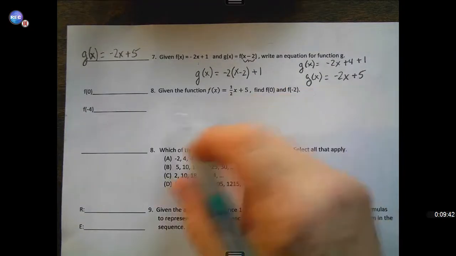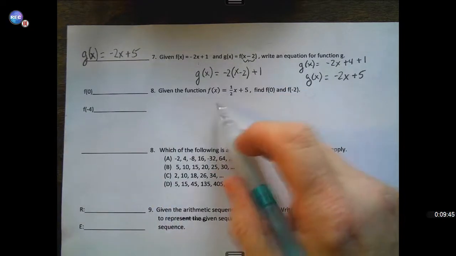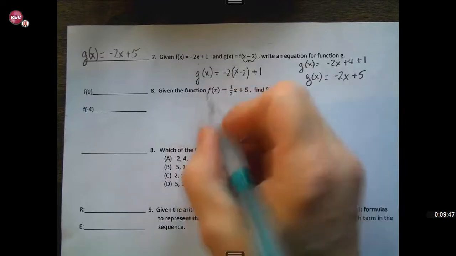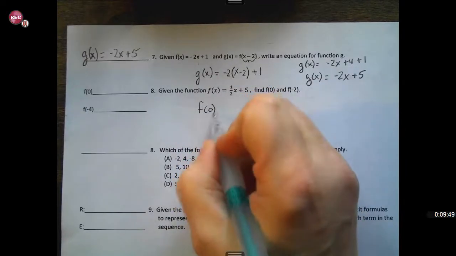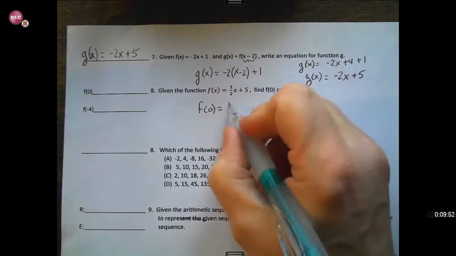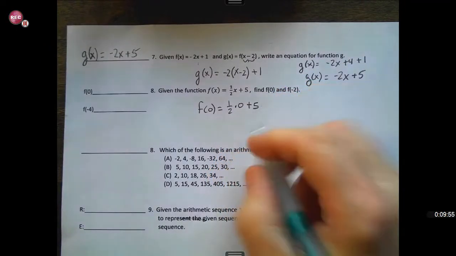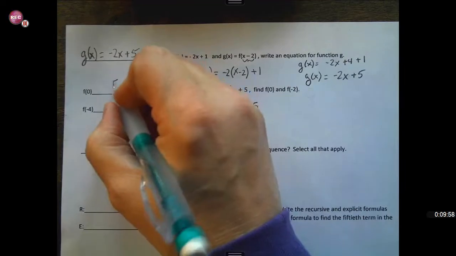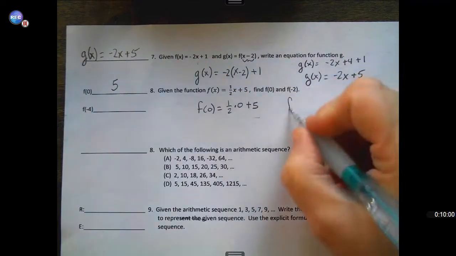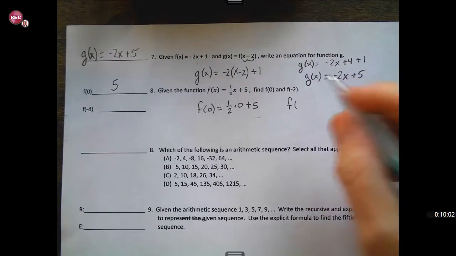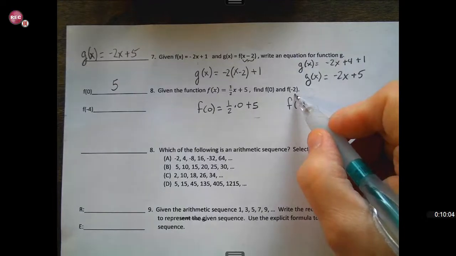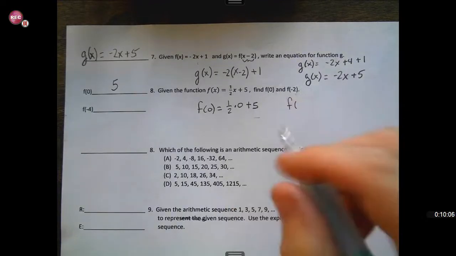And then for number 8, we have f of x, and we're supposed to find f of 0. So f of 0, that notation means plug in 0 for x and simplify, and I get 5. And then plug in, well, up here it says negative 2. I must have forgotten to change it from the test.